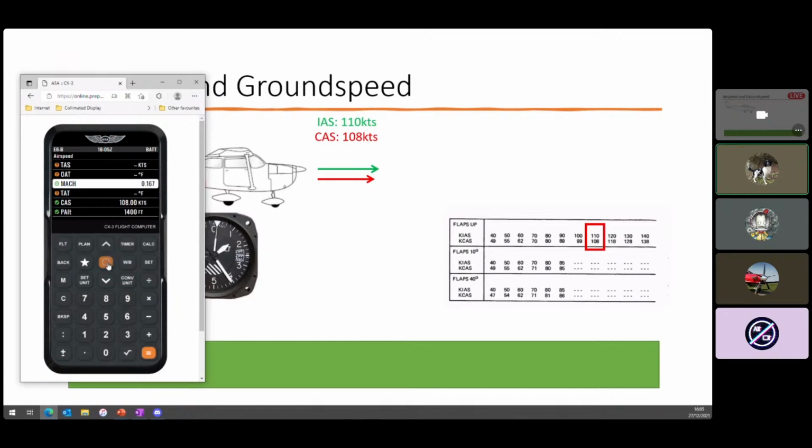Now straight away that comes out with our Mach number. It must be assuming based on standard altitude. So the outside air temperature, I've not given you that information. I probably should have, because what you would do is look at the outside air temperature gauge in the aircraft, and you would put that in.